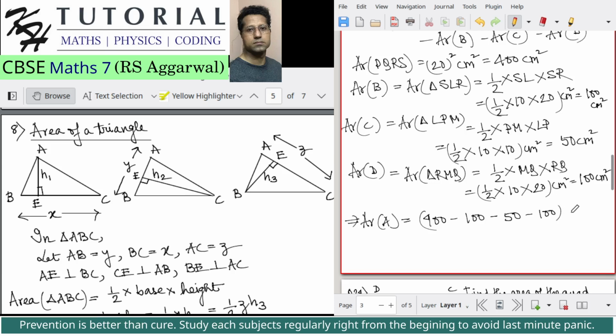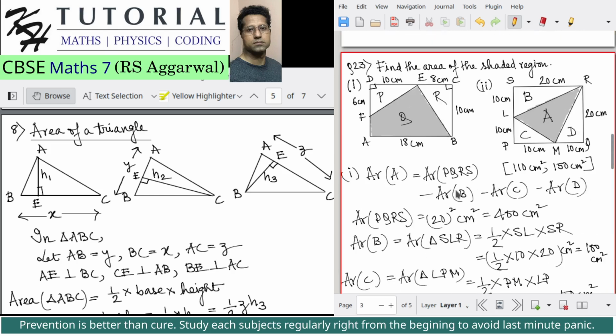So this is equal to 400 minus 250 centimeter square, which is equal to 150 centimeter square. So the area of the shaded region, which is the region A in part 2, is 150 centimeter square.